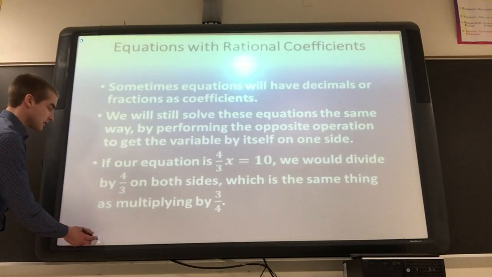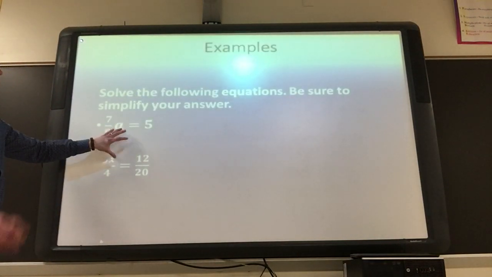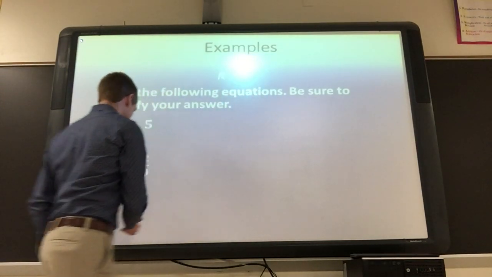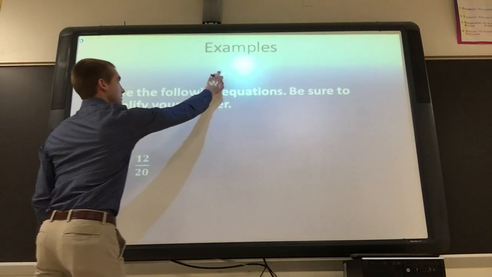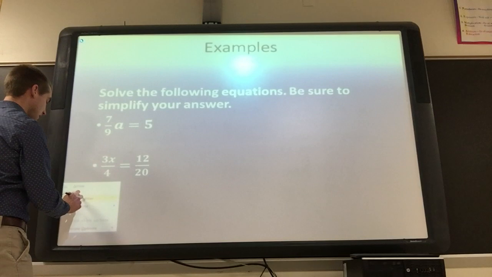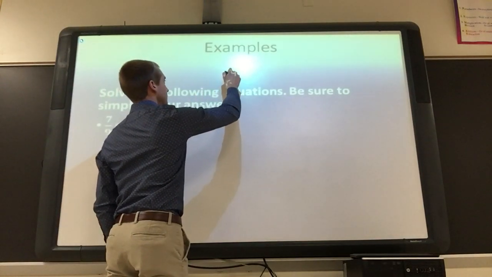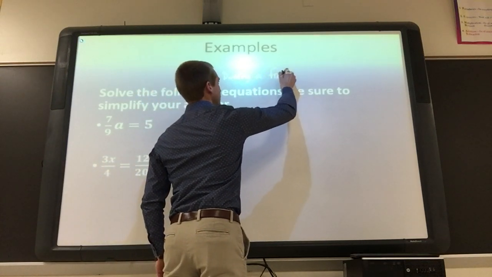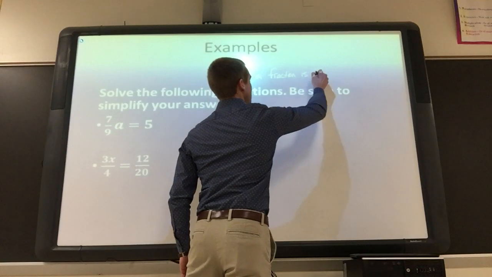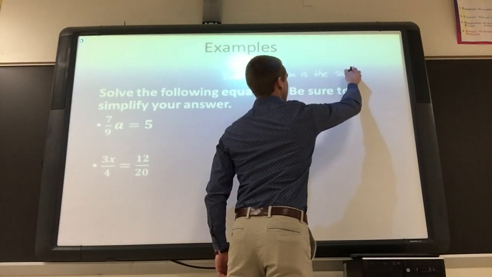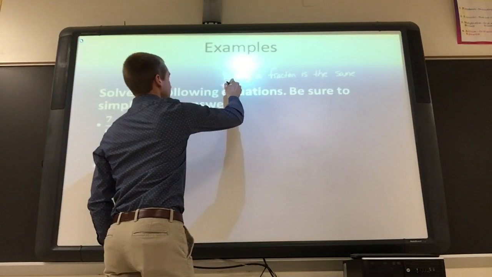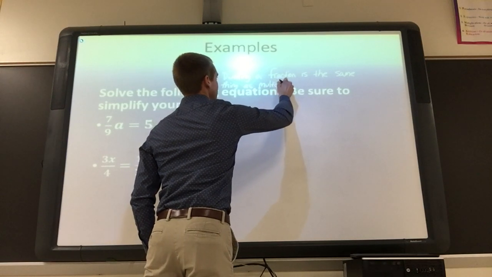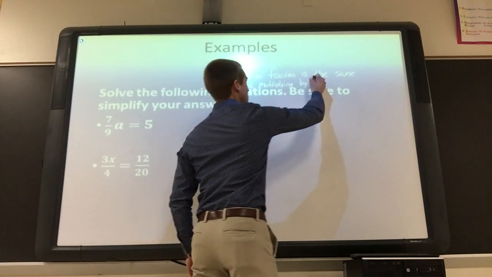And so on this next slide, before we answer this question, I want you to get down on your paper somewhere that dividing by a fraction is the same thing as multiplying by the reciprocal.